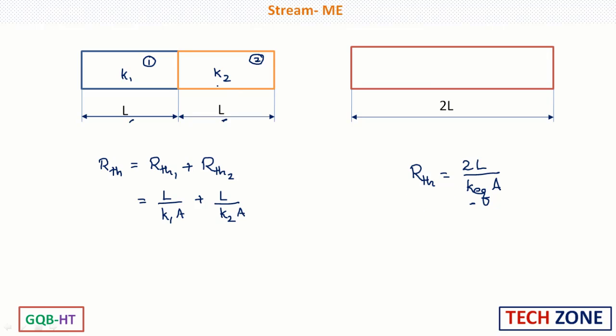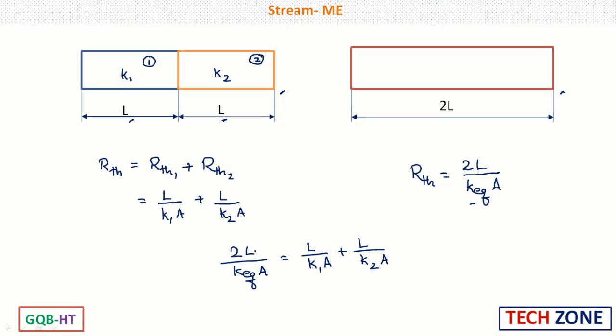Now if these two rods must be replaced by a single rod, then the thermal resistance offered by these two rods must be the same as the thermal resistance of this particular composite rod. Now equating these two, we will get 2L by K equivalent into A is equal to L by K1A plus L by K2A.